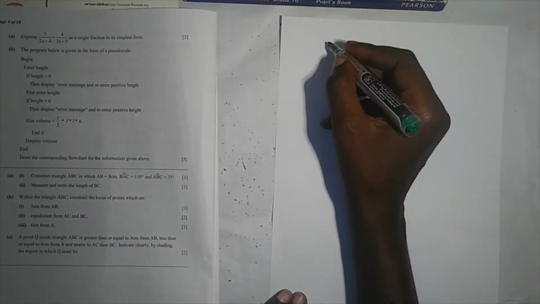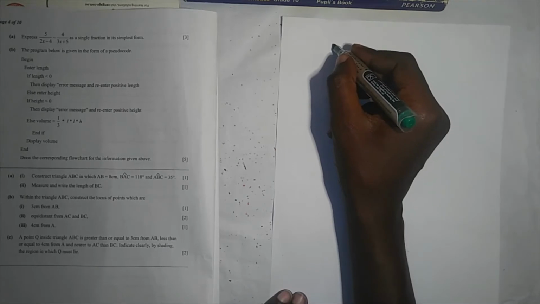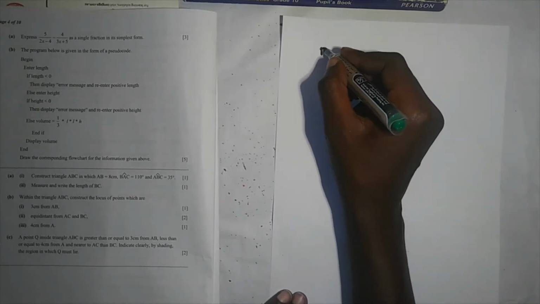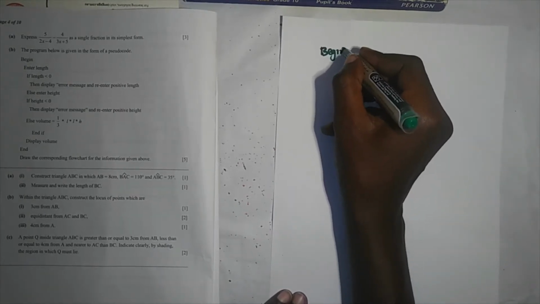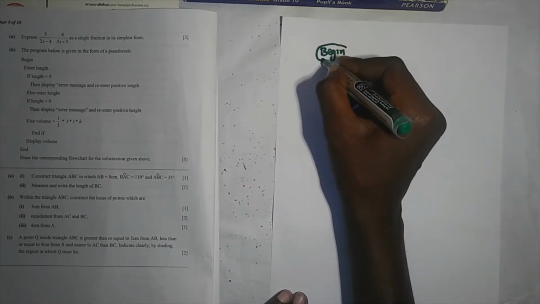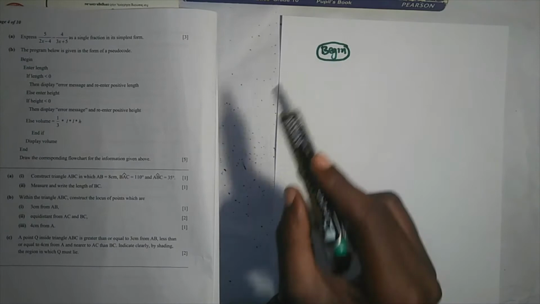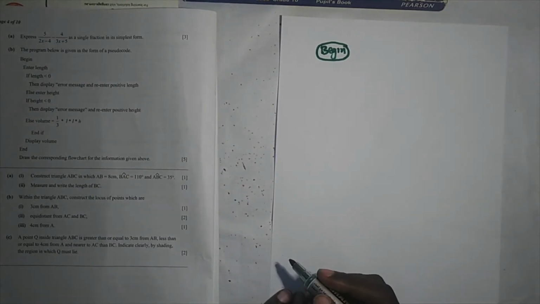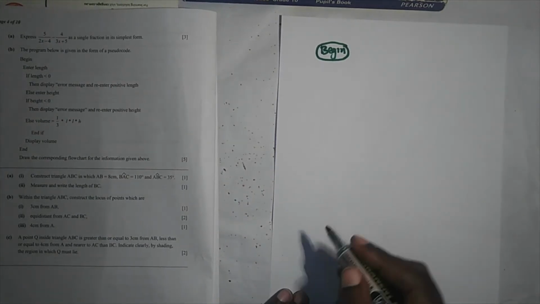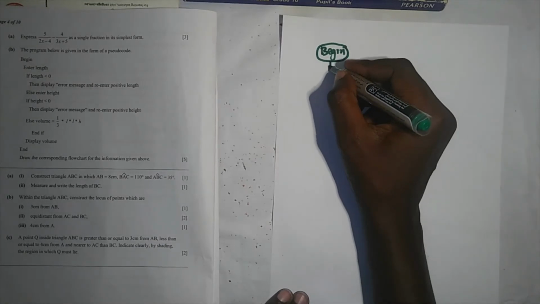So we are going to put the oval here, write begin, and put it in the oval. These shapes are connected with arrows, so we are going to put an arrow here.